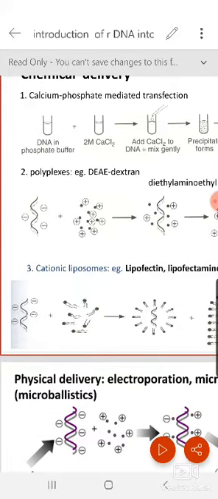Like the calcium phosphate transfection method, there is one more, the polyplex, like DEAE dextran, which is actually used for ion exchange chromatography as a positively charged column resin.